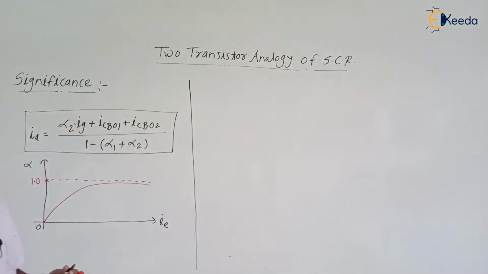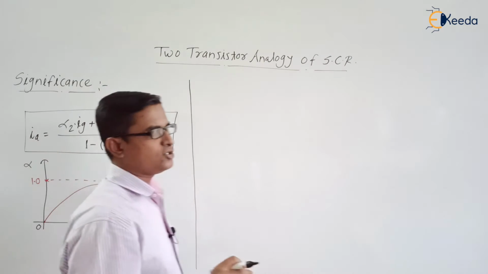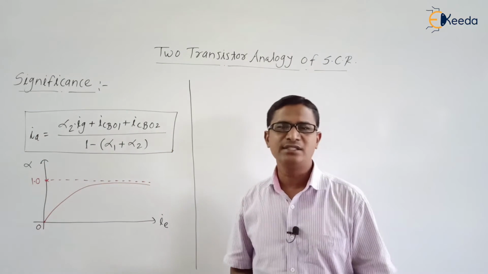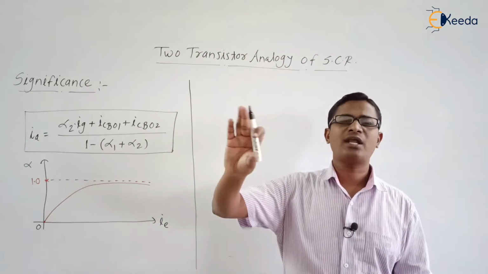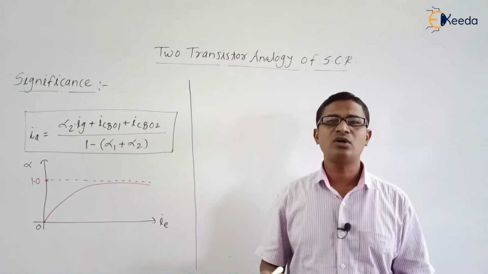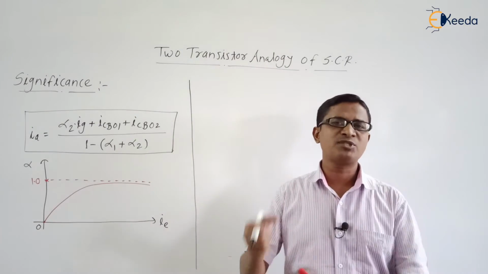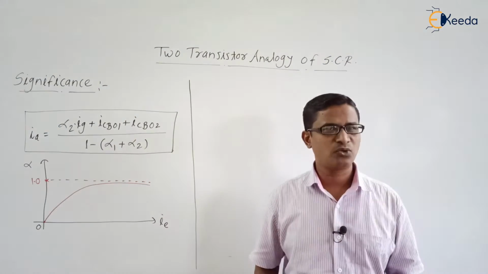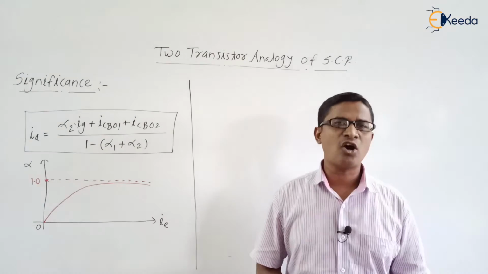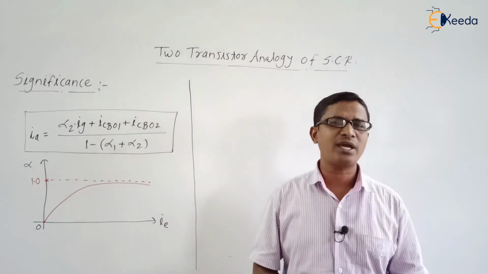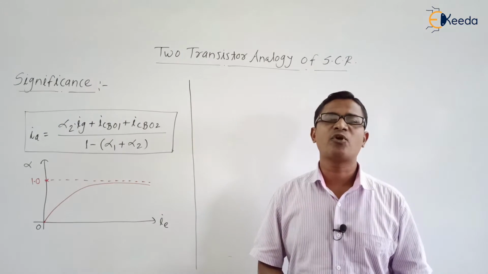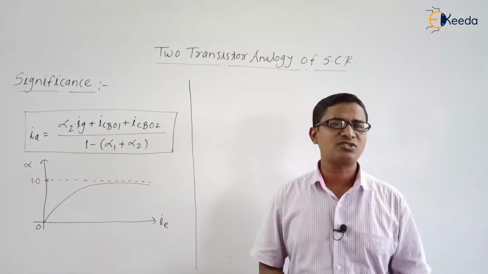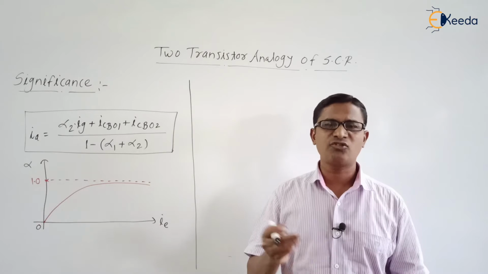Suppose initially Ig is 0. Ig being 0 means we have not circulated any gate current. So initially the SCR is in the off state, which means both the transistors are in the off state. The current flowing through both the transistors will be very small.